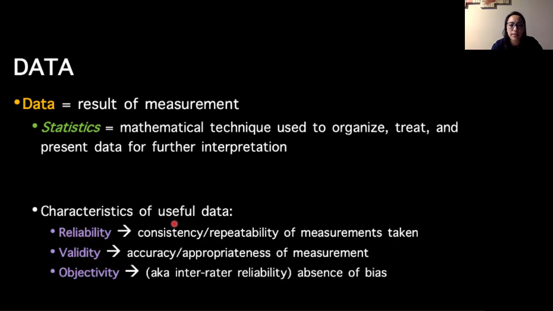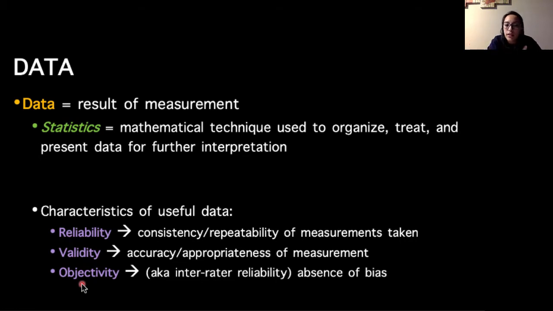So characteristics of useful data should be these three things here. Now, there's a lot of crossover between these terms, and sometimes students get them a little bit mixed up. So I have keywords that you can think about when you're trying to apply these terms to different situations.